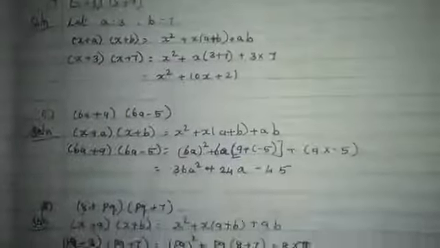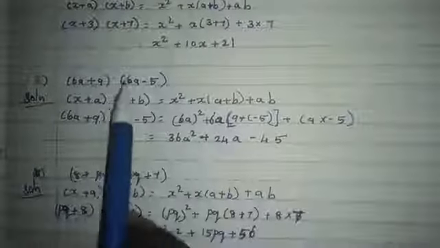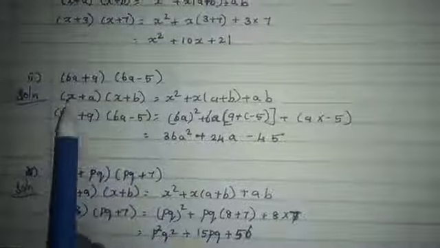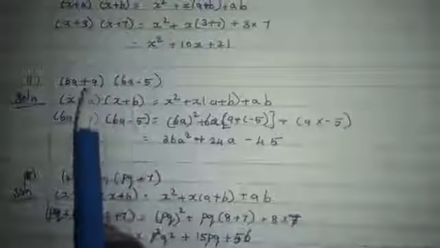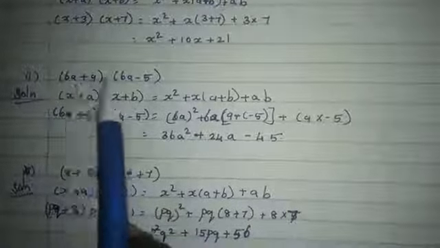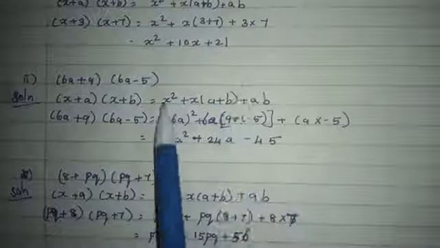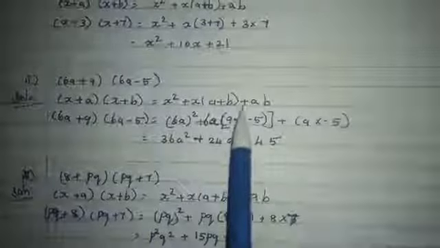Second sum, (6a + 9)(6a − 5). Here also we are going to use the identity (x + a)(x + b) to find the product of this algebraic expression. We get the product as x² + x(a + b) + ab.